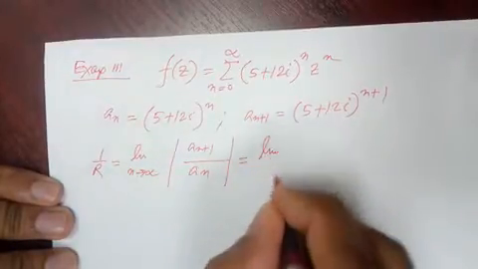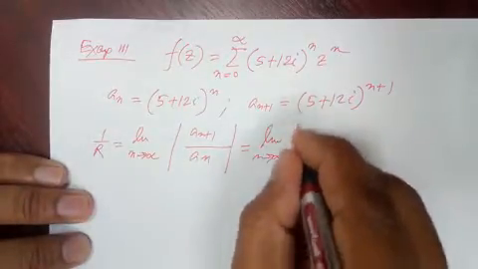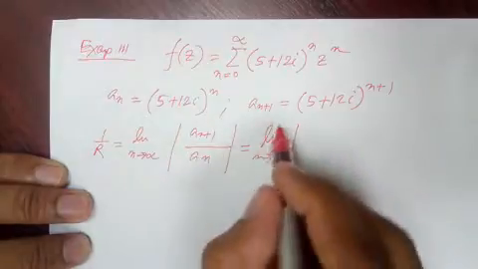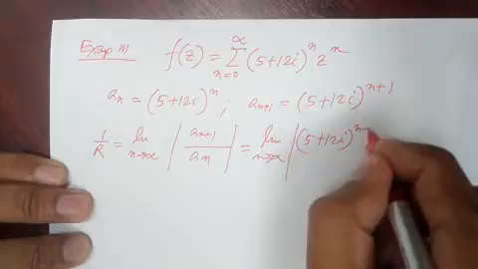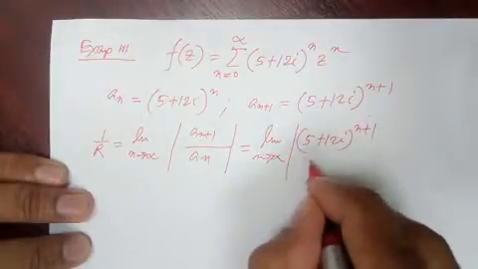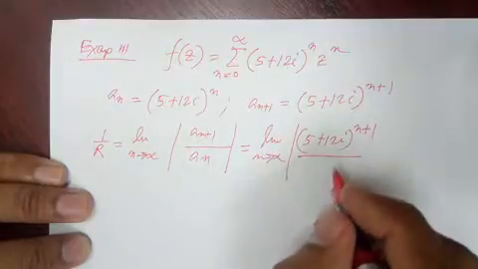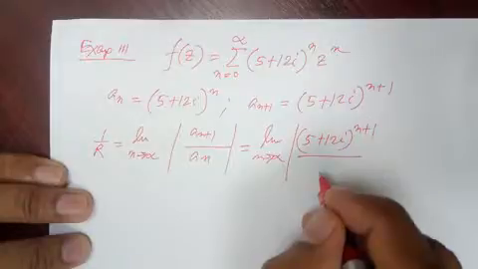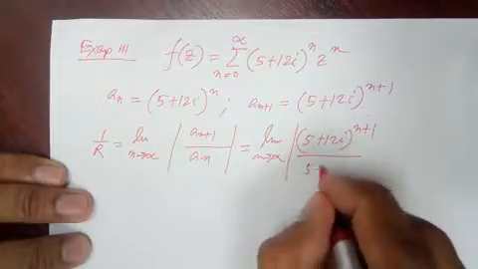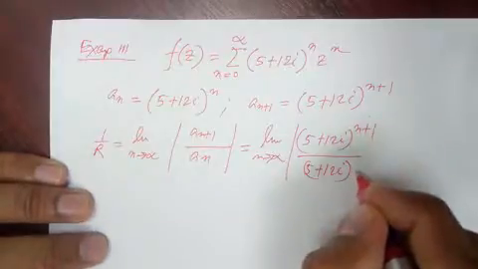Then the limit as n tends to infinity, we insert (5 plus 12i) to the power (n plus 1) over (5 plus 12i) to the power n.